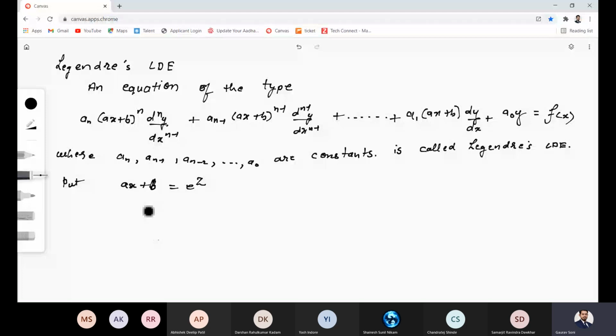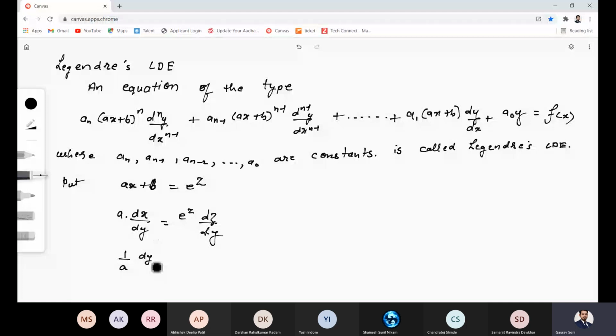Take the reciprocal, 1 upon a dy by dx is equal to 1 upon e to the power z dy by dz. Adjust the terms here. e raised to z on the other side will become ax plus b, dy by dx is equal to a into dy by dz.